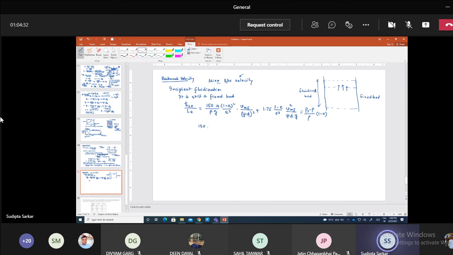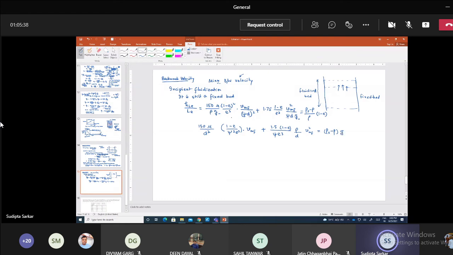So you can write this as 150 mu by, let's say we have d square here, and we have 1 minus E divided by, let's say, psi square EQ, and we can have EMF right here. And also, you can see this is 1.75 into 1 minus E divided by EQ, and you can also collect these terms, rho by D, okay, and let me write psi here, okay, and then this is VMF square, and the G has been transferred over to this side, so you have rho s minus rho into G, right?